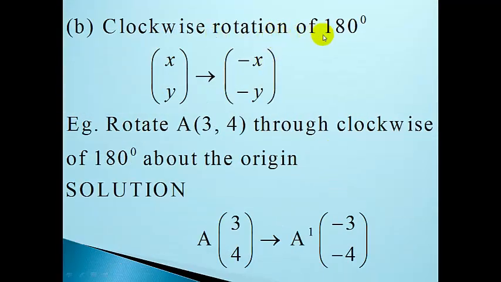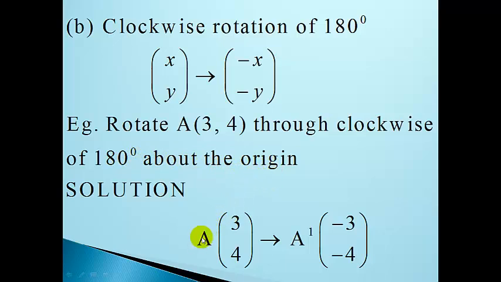Now clockwise rotation of 180 degrees, the rule is (x, y) maps to (minus x, minus y). That is, we negate the x and we negate the y. That is clockwise rotation of 180. So example, rotate A(3, 4) through clockwise 180 degrees about the origin.